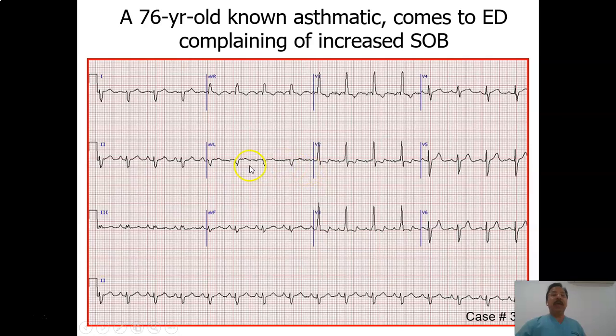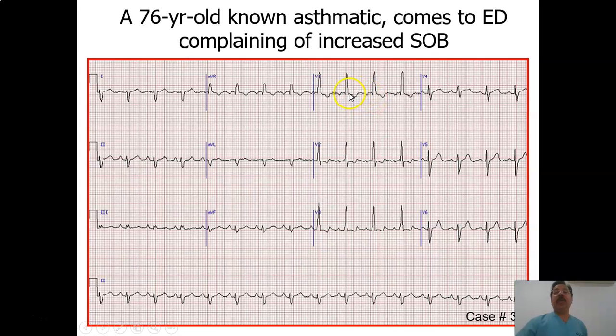Then for ventricular hypertrophy, there is a tall R wave in leads V1 and V2 and a deep S wave. So the differential diagnosis here is right ventricular hypertrophy versus right bundle branch block.